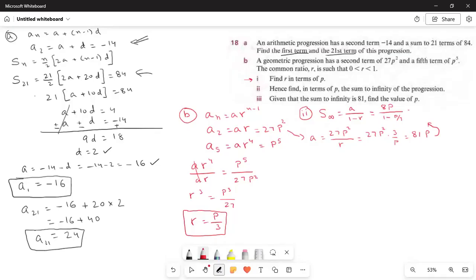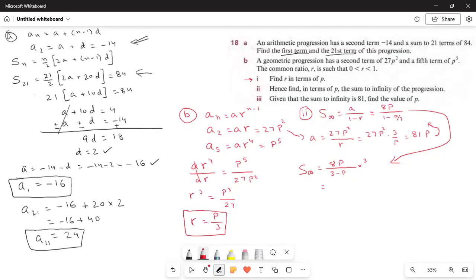Let me solve it here. The sum to infinity is equal to 8p divided by 1 minus p by 3. So it is going to be 3 minus p divided by 3.